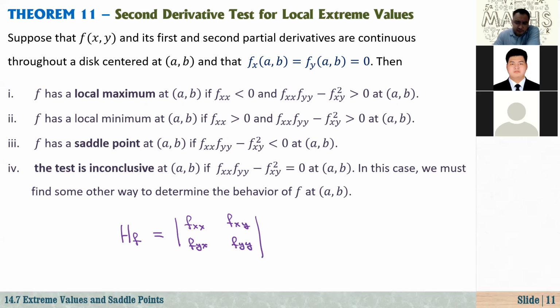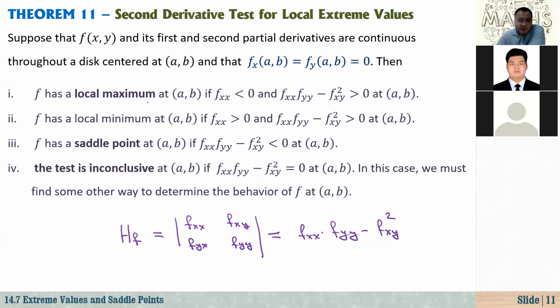We know that these mixed derivatives are equal, so fxy or fyx doesn't matter. If you evaluate this determinant, that's equal to fxx times fyy minus fxy times fxy, which is just the square. So you can remember the Hessian determinant like this.